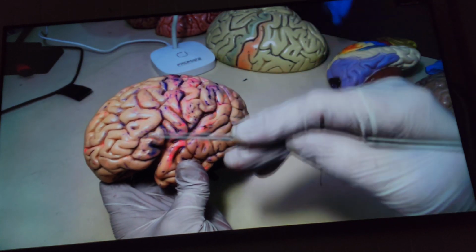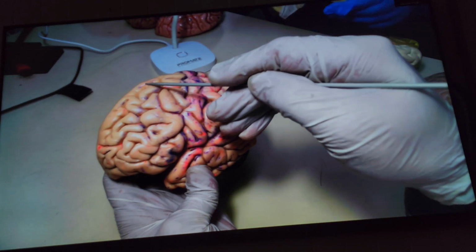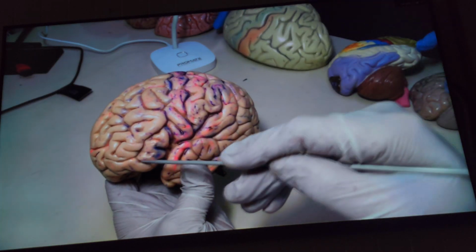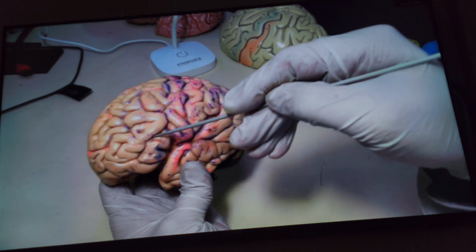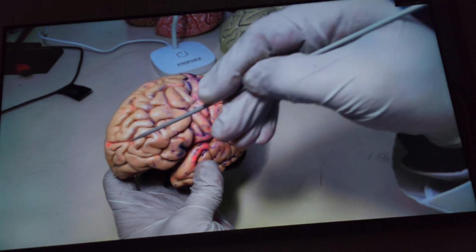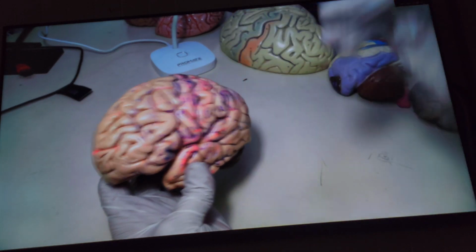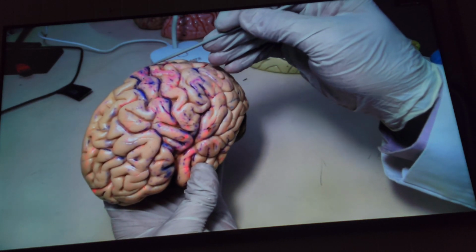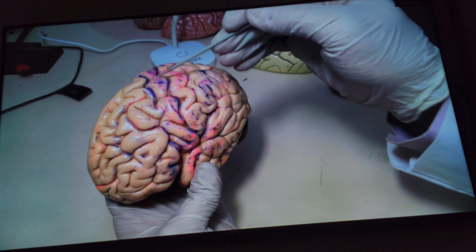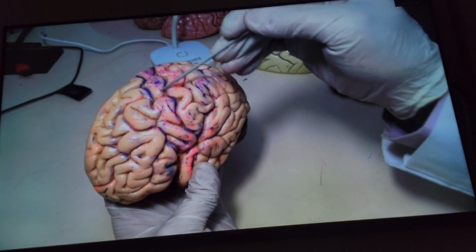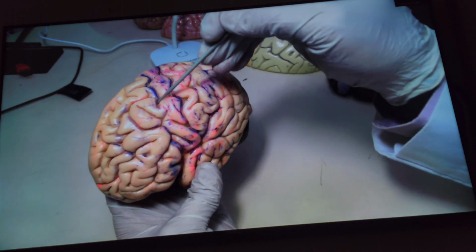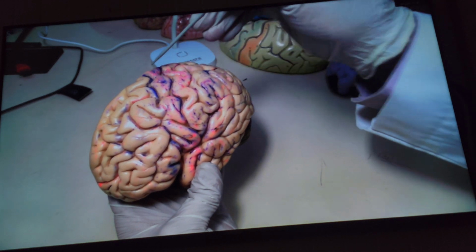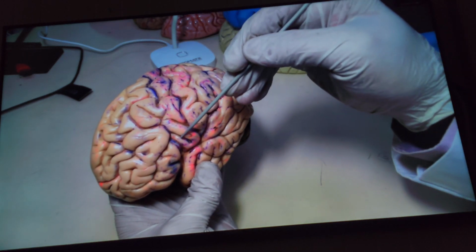Here we can see the superior frontal gyrus, middle frontal gyrus, and the inferior frontal gyrus, and the two sulci, the inferior frontal sulcus and superior frontal sulcus. Anterior to the central sulcus are the precentral sulcus and precentral gyrus.